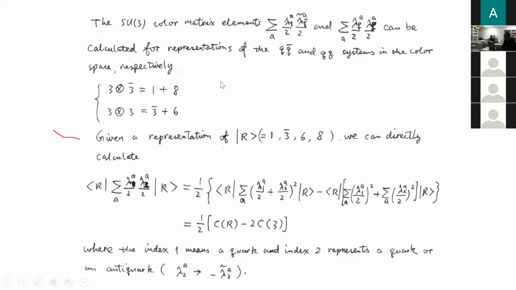So for quark antiquark or quark-quark, the representation for any two-quark interaction belongs to either color singlet, color octet, or 3 bar or 6 representation. By implementing the representation of these QQ bar products or QQ products, we can work out these elements in the color space, and that gives you the so-called color coefficients, which decide the coupling strengths between either two quarks or quark antiquark, belonging to a certain representation during their coupling.